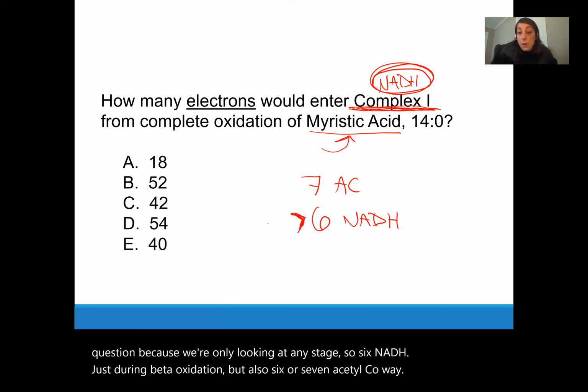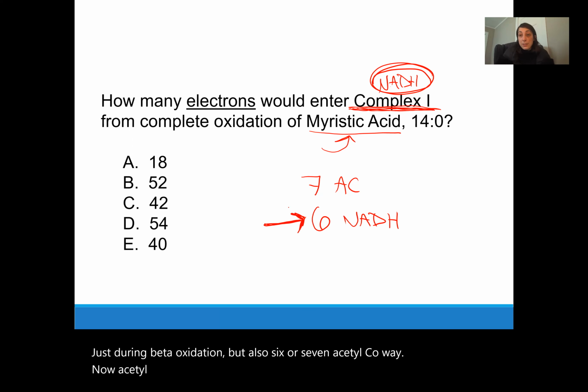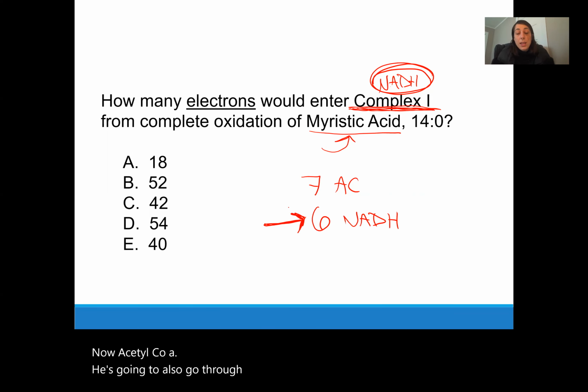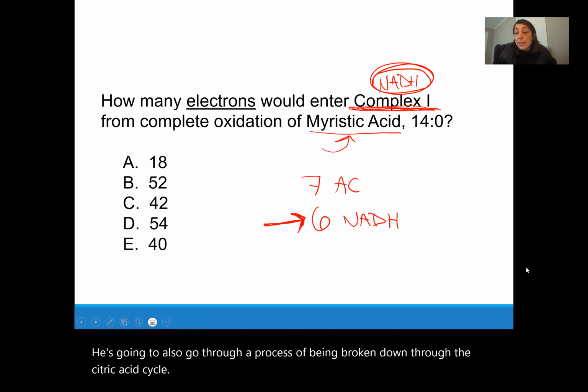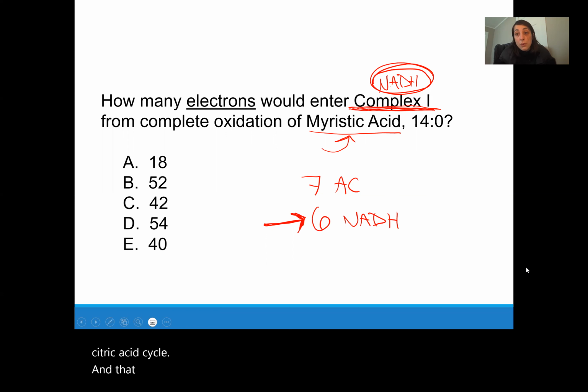Now, acetyl-CoA is going to also go through a process of being broken down through the citric acid cycle, and that is going to further generate some NADH.